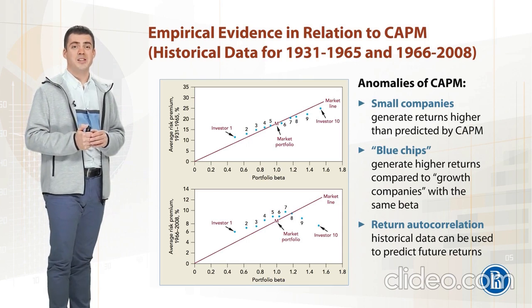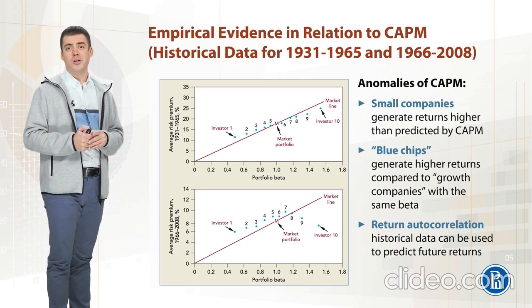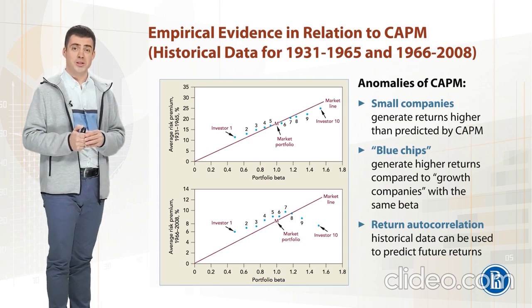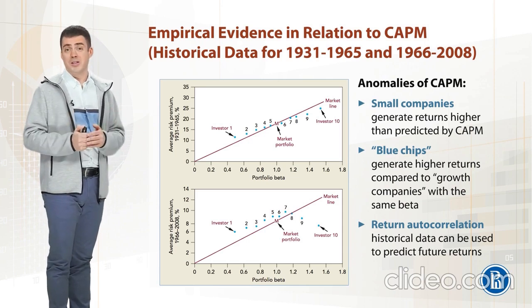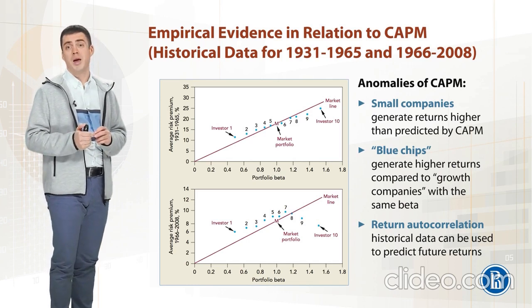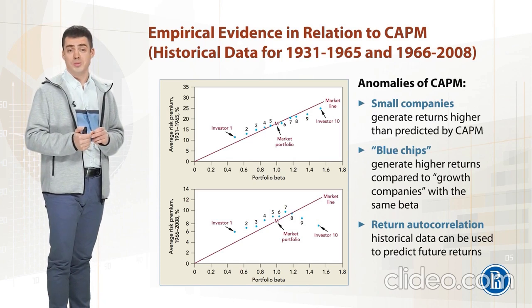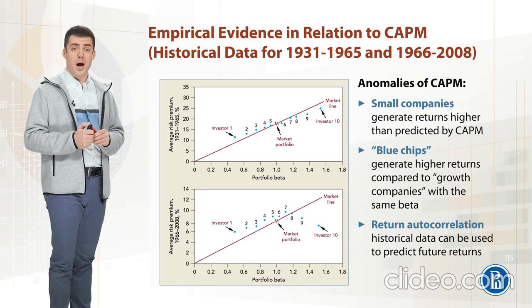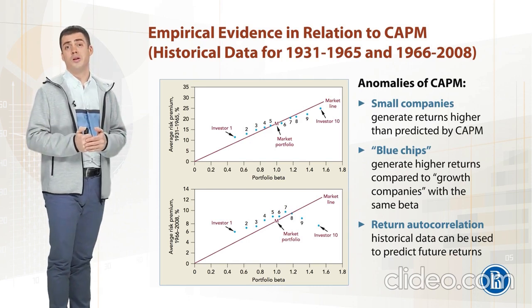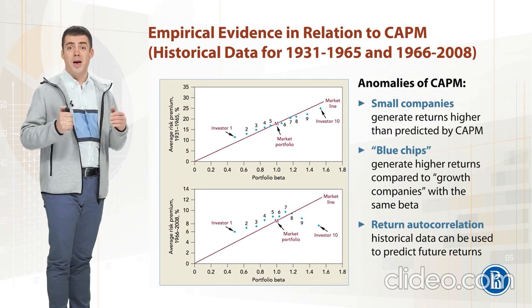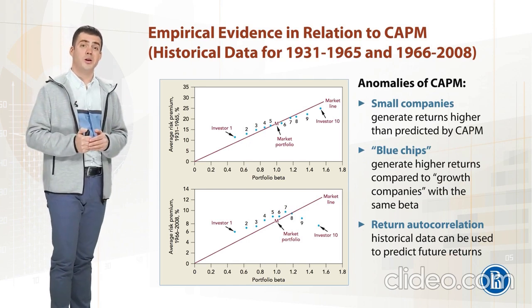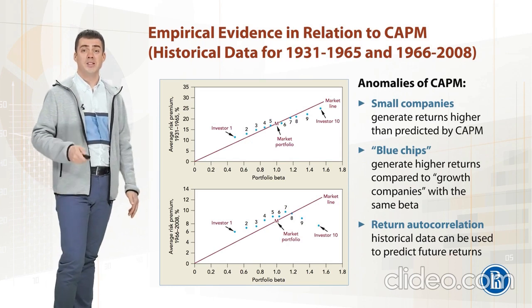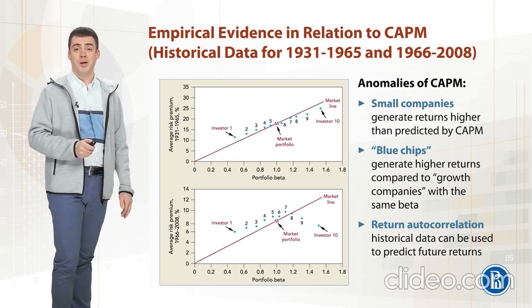However, after 1965, many researchers and, which is more important, investors started applying his model and thus making the predictions based on this model corrupt. So that's why it may be the reason why the empirical results for testing the CAPM have a worse correspondence to the theoretical forecasts in the second part of this period.